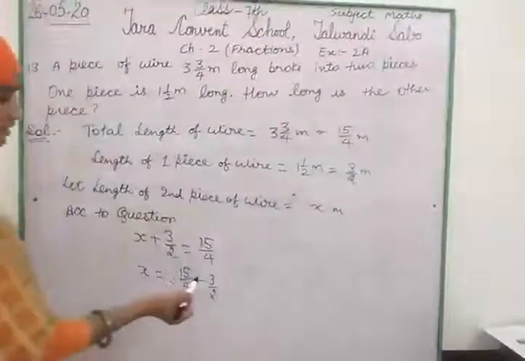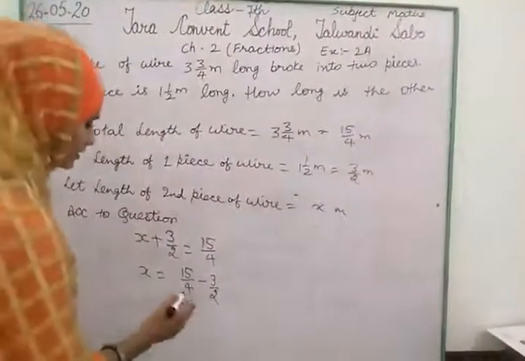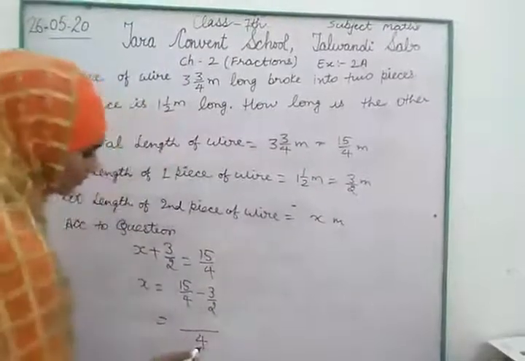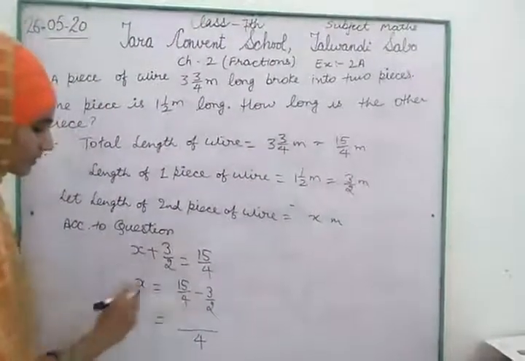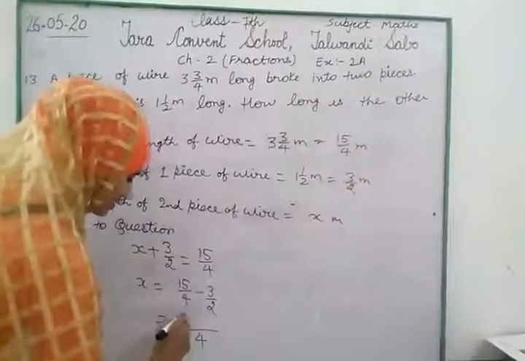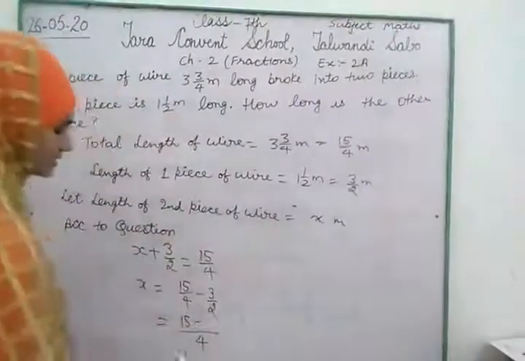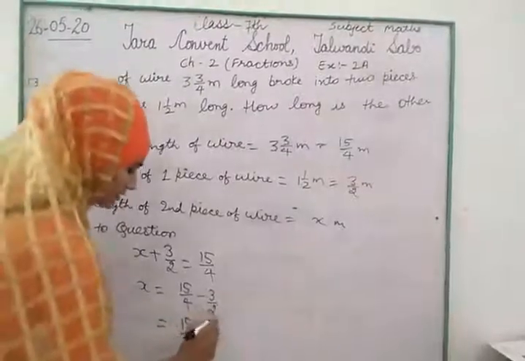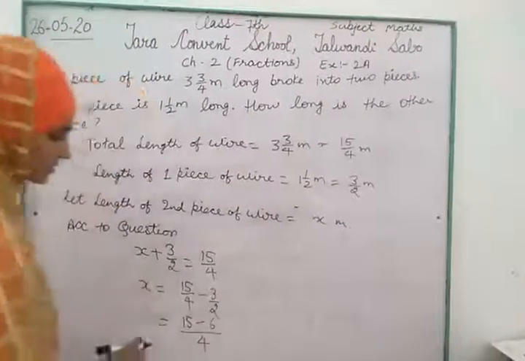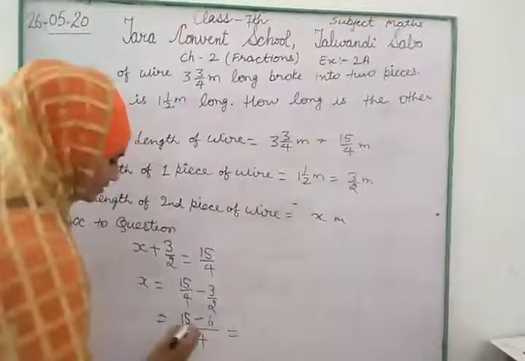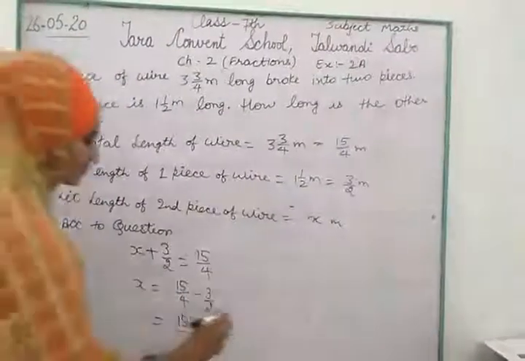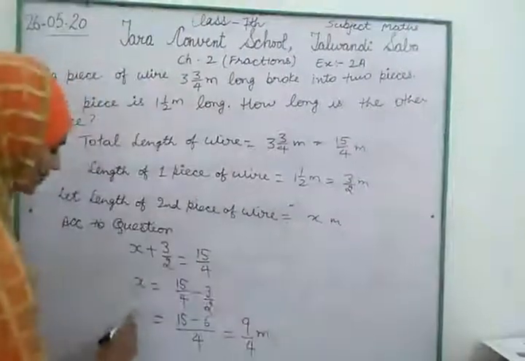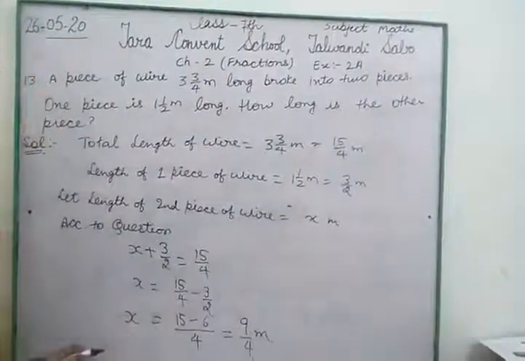Now subtract 3/2 from 15/4. Take LCM, LCM is 4. 4 divided by 4 is 1, 1 into 15, 15, minus 4 divided by 2 is 2, 2 into 3, 6. So 15 minus 6 becomes 9/4 meter. So the value of x is equal to 9/4 meter.